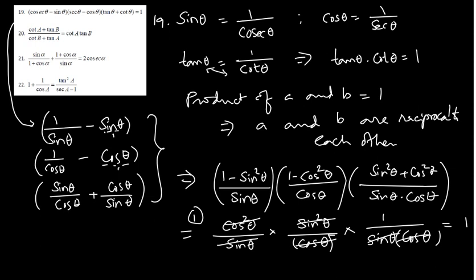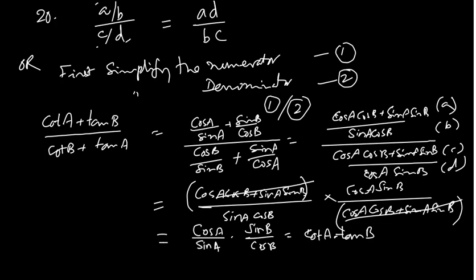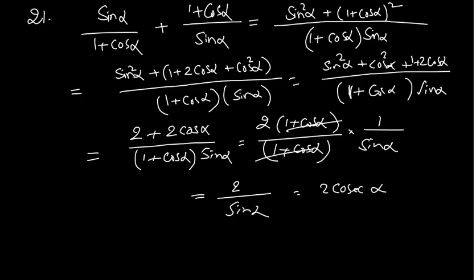You got good. So the next question, we have to come from right hand side. 1 plus 1 by cos A equal to tan squared A divided by secant A minus 1.